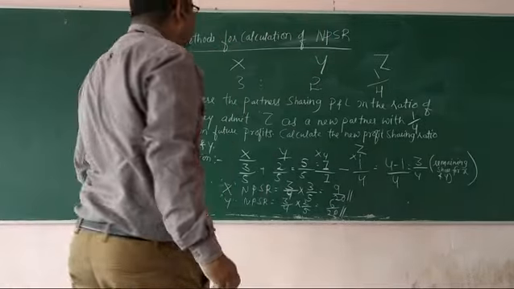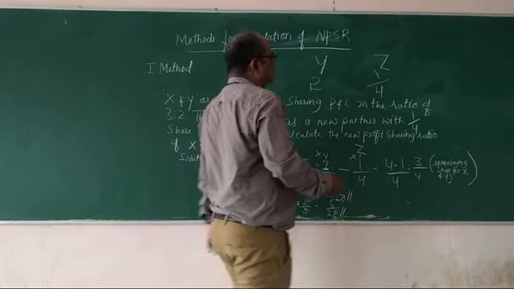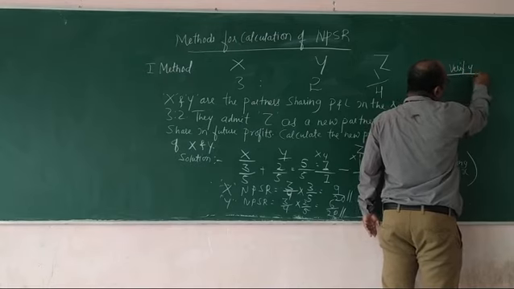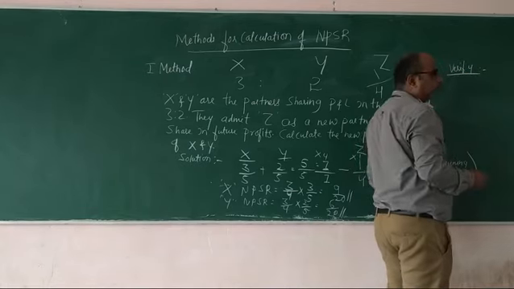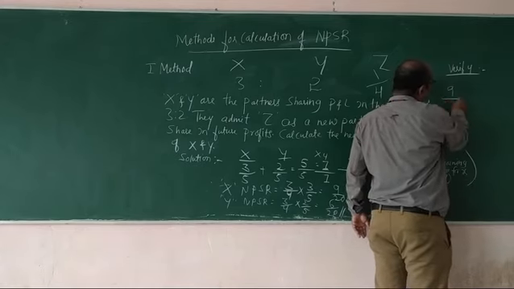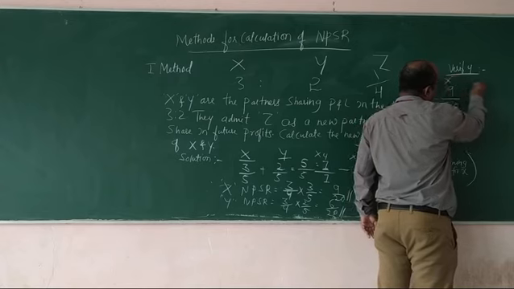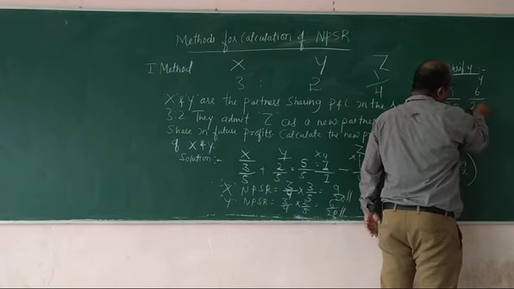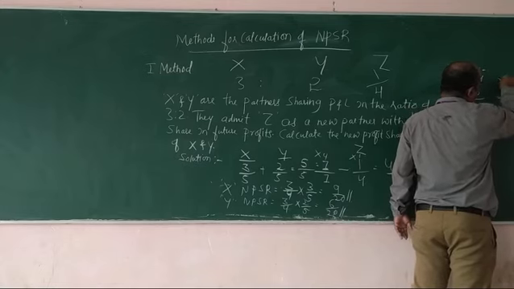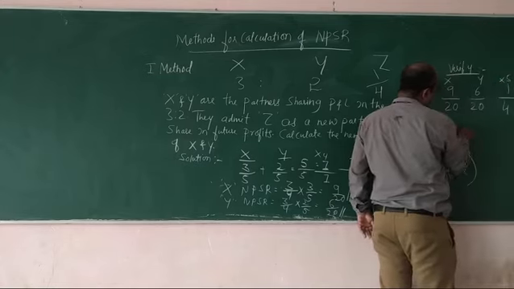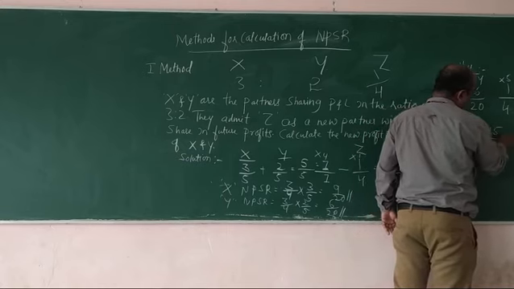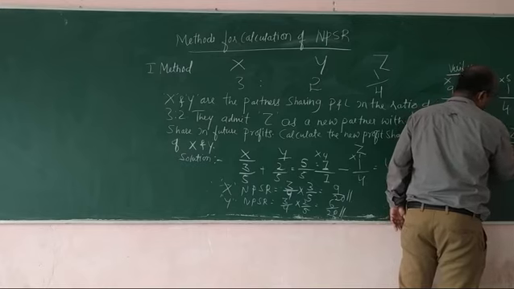And now if you want to verify, because you are supposed to conclude with the profit equal to 1: 9/20 is the ratio of X, 6/20 is the ratio of Y, and 1/4, that is 5/20, is the ratio of Z. 9 plus 6 plus 5 divided by 20 equal to 20/20.